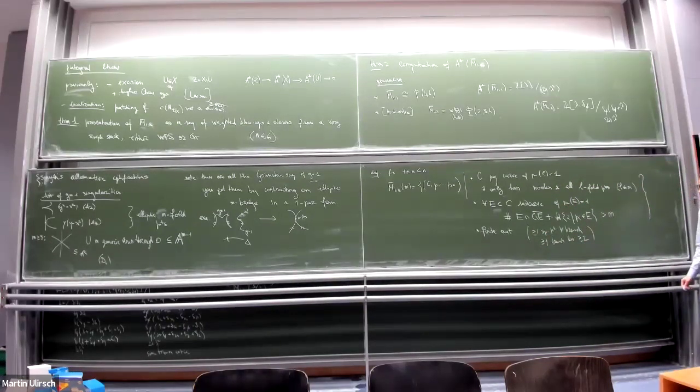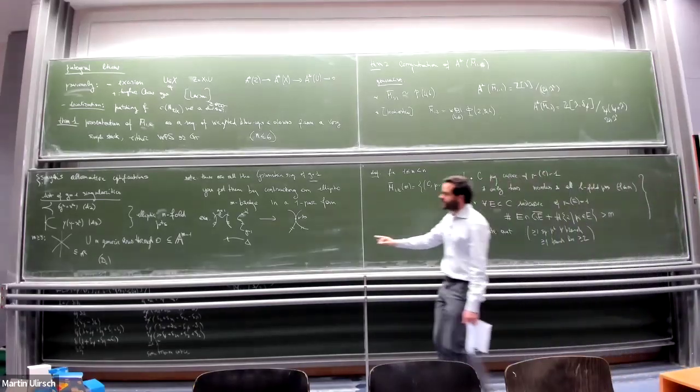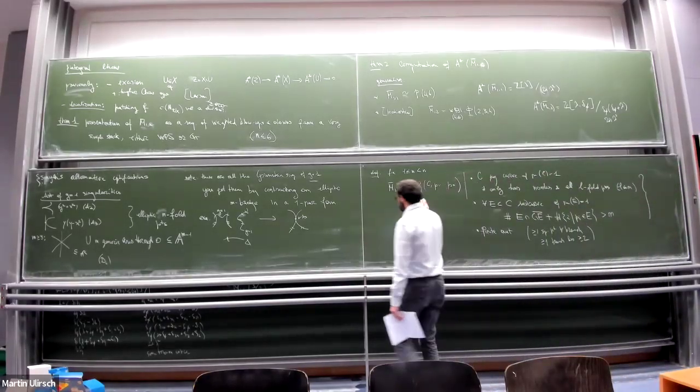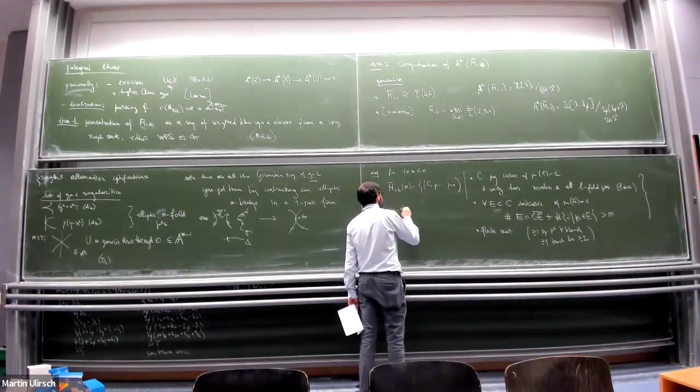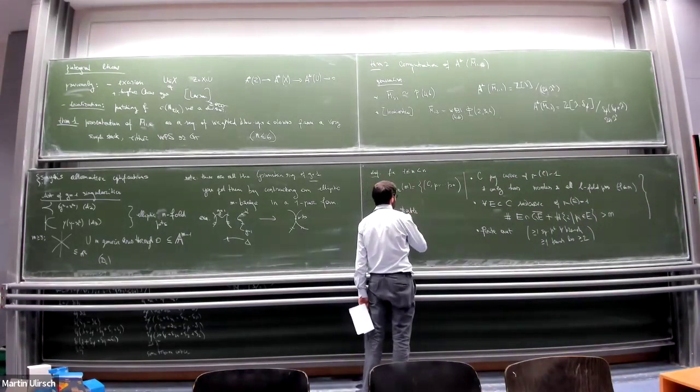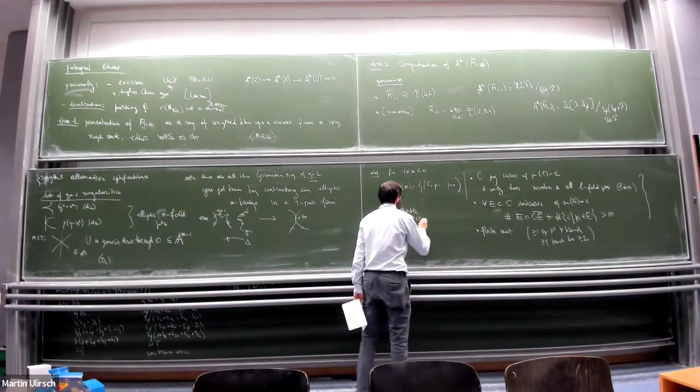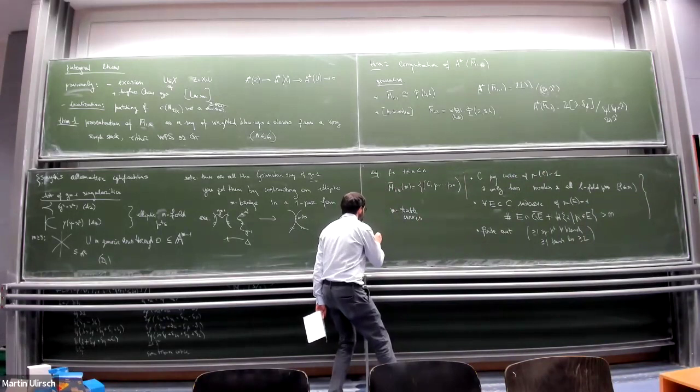Okay, so let me go back to this example. So this is the stack of n-stable curves as defined by Smyth.